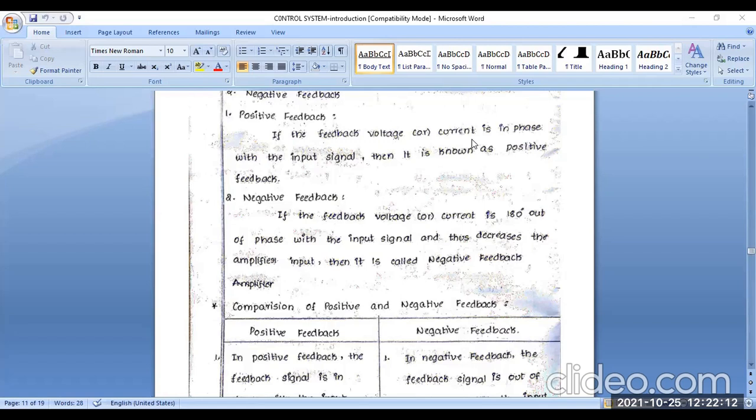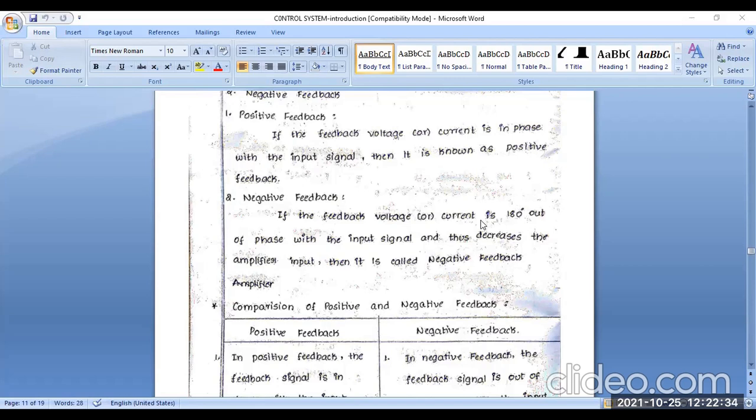So I will just recall one thing again. When the feedback voltage or current is in phase with the input signal, the feedback system is called the positive feedback system.